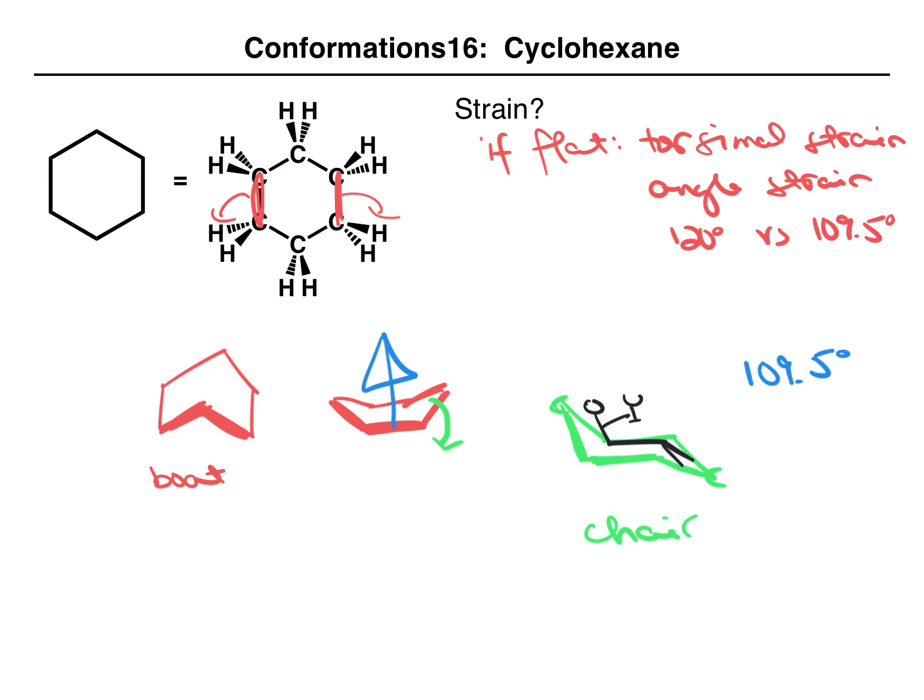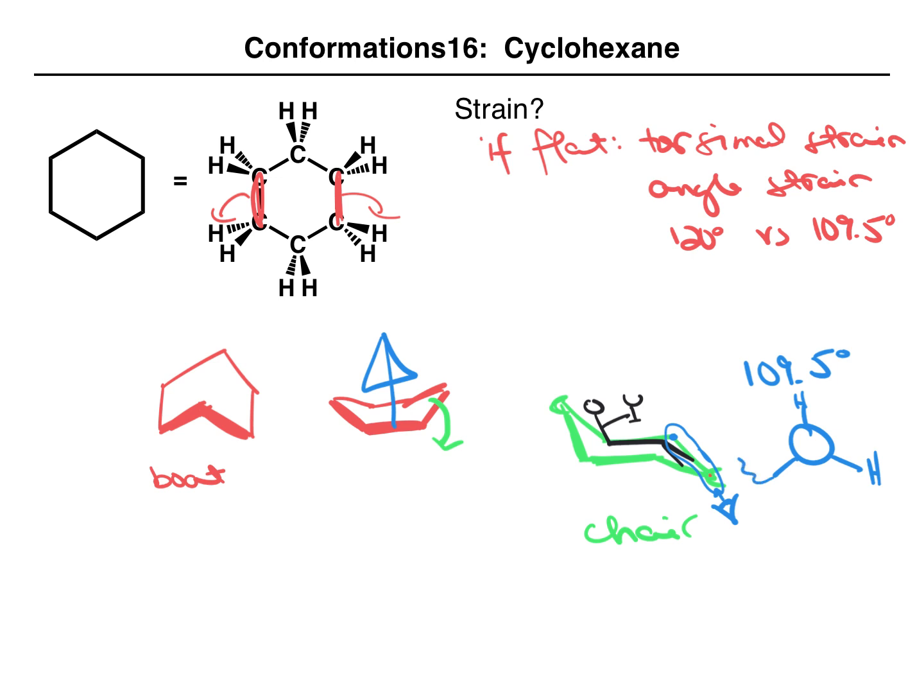In addition, if we were to look at this bond, for example, let's imagine that we are looking down this bond. So let's say this is our back carbon, and on our back carbon, we have a hydrogen going straight up, we have a hydrogen over here, and then this is connected to the ring.